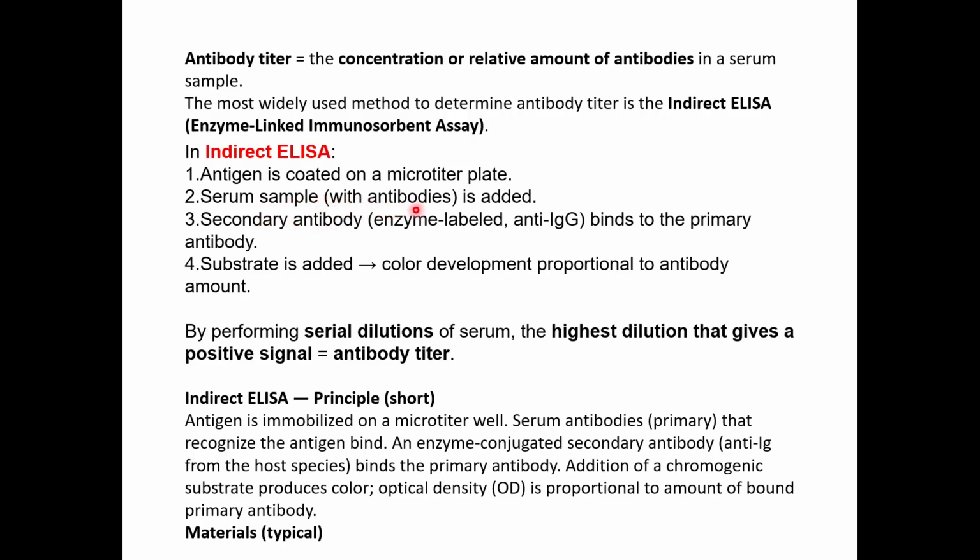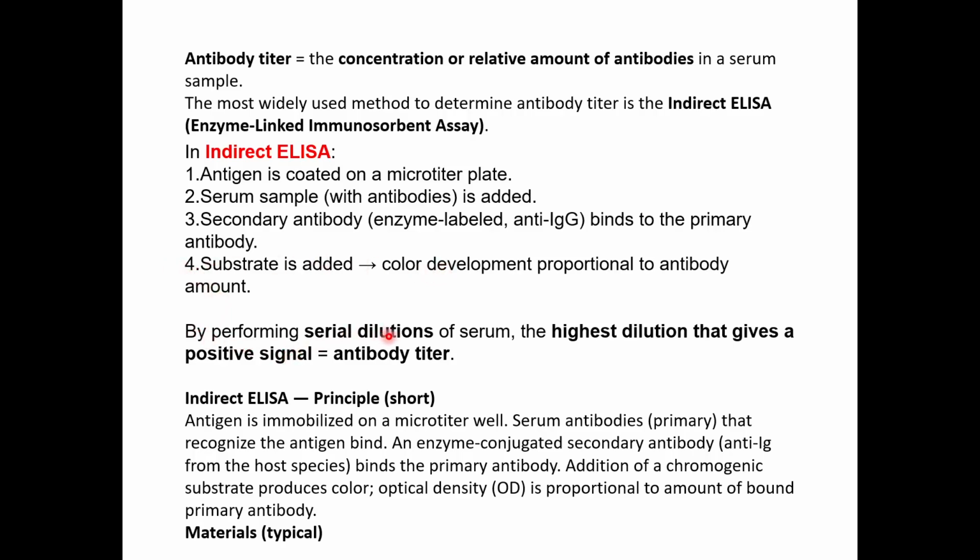So this will be your primary, and the secondary antibody will be an enzyme-labeled anti-IgG antibody, and this binds to the primary antibody. Then the substrate is added and the color development is proportional to the antibody bound.